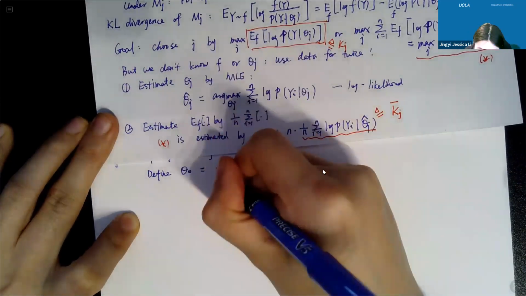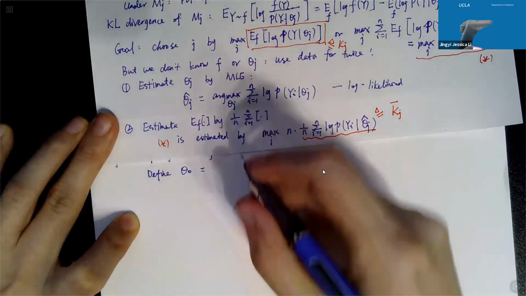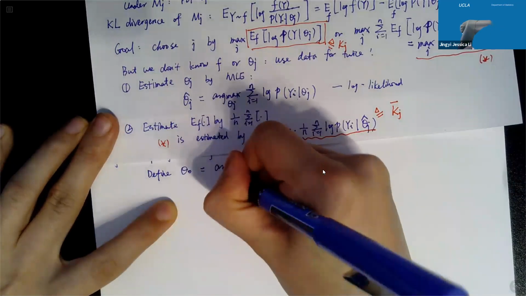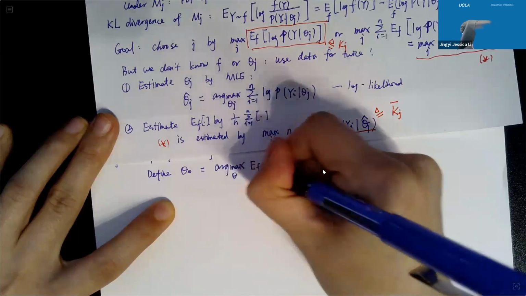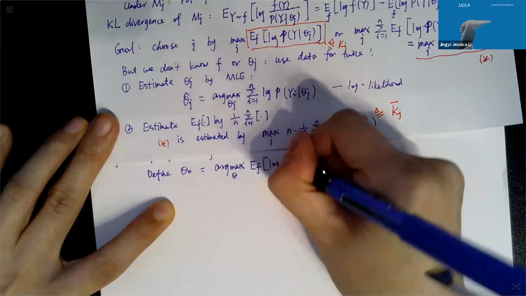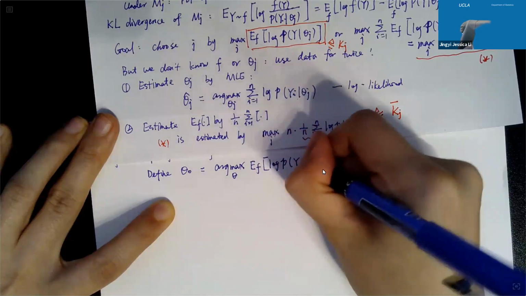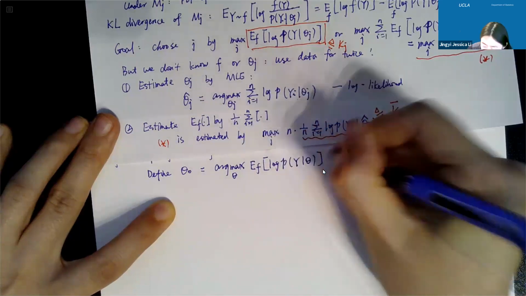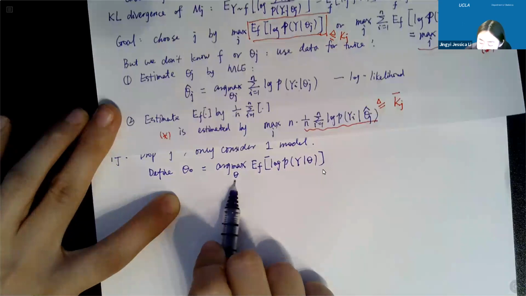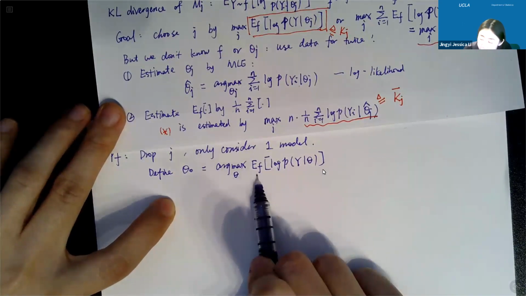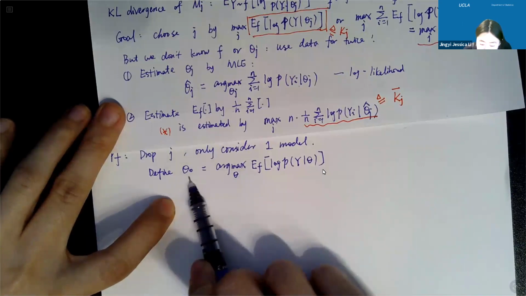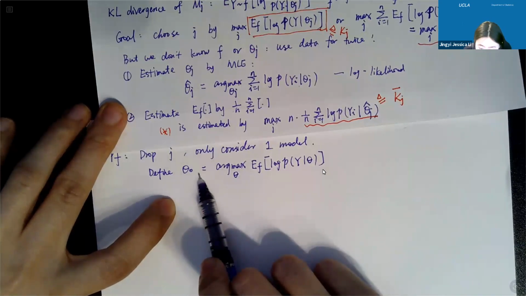We define theta 0 as the arg max of this expectation under F of log p_y(theta). It's the theta value that makes the model density closest to the true density in terms of KL divergence.